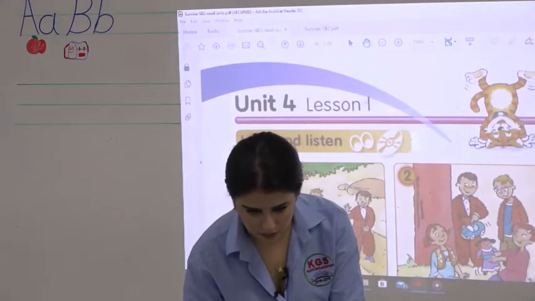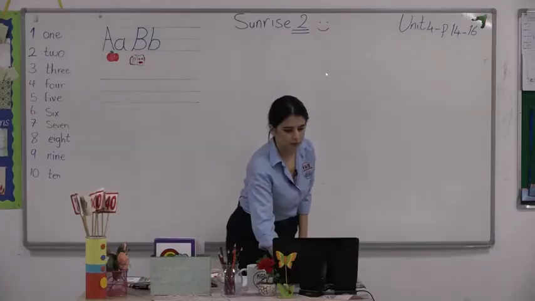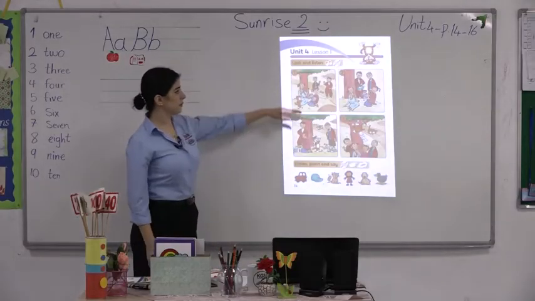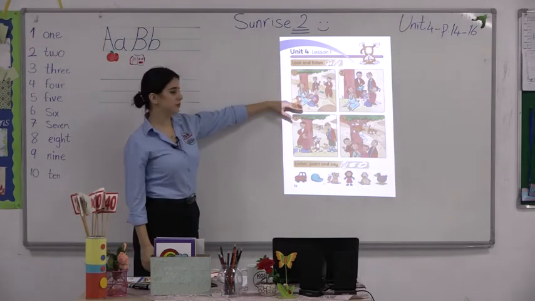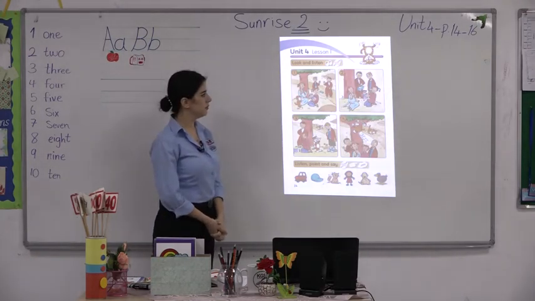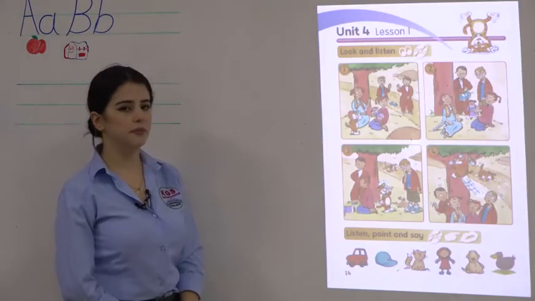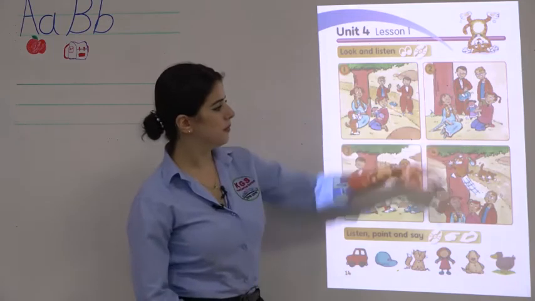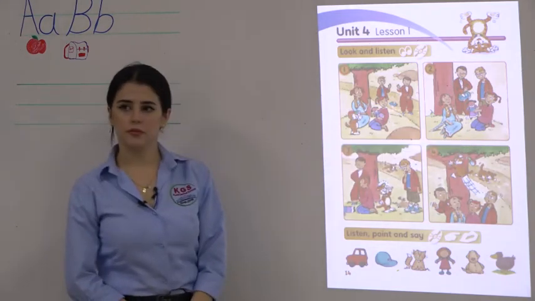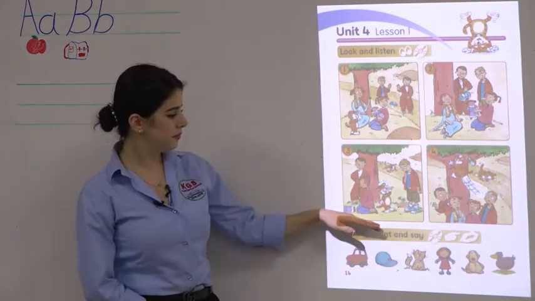Students' Book, Unit 4, Lesson 1. Look and listen. Number 1. Hello, Caroline. Hello, Sam. Hello, girls. Look, I have a doll. Oh, yes.